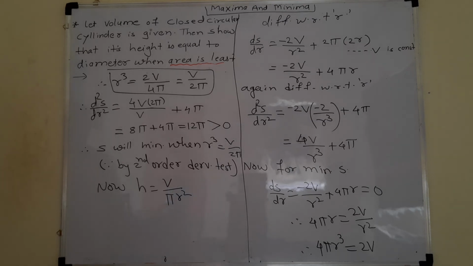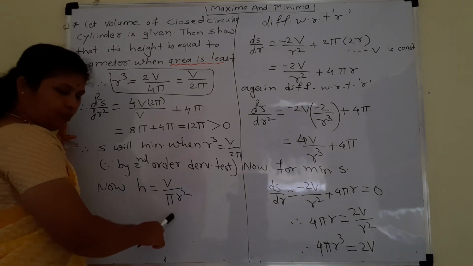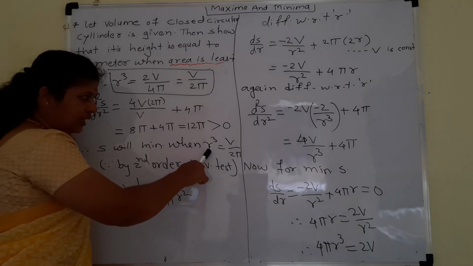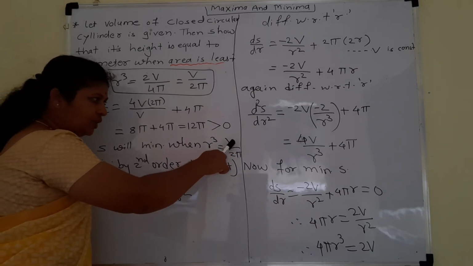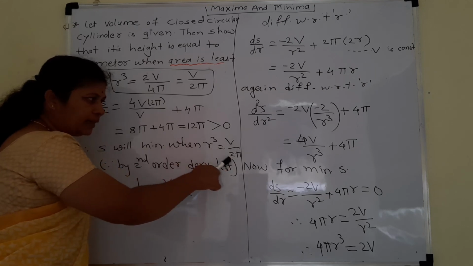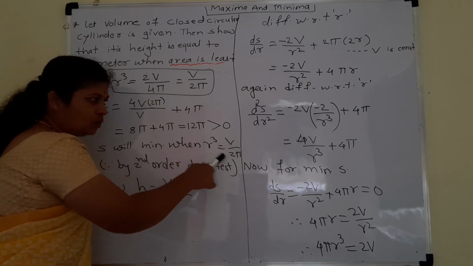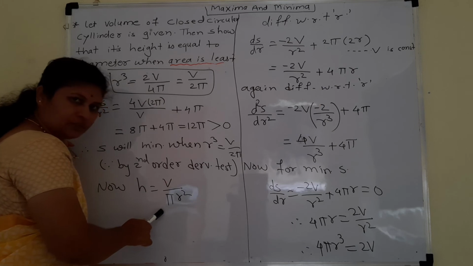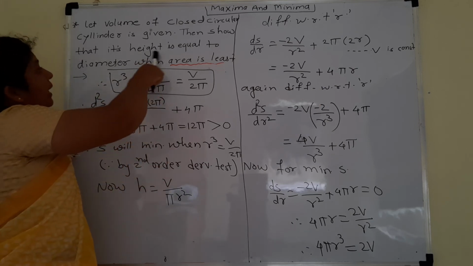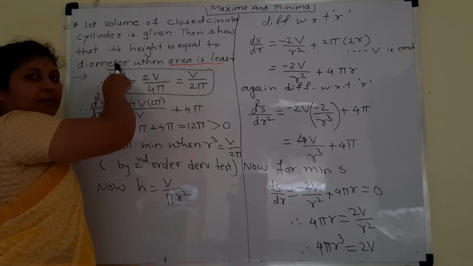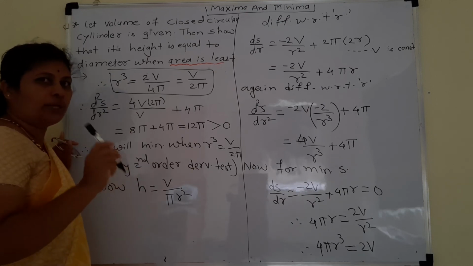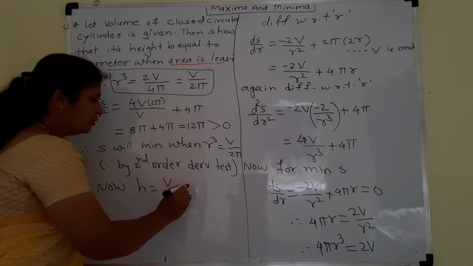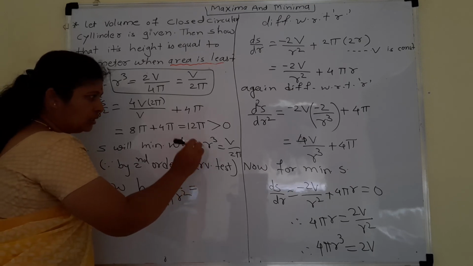Yes. Now h is equal to v upon pi r square. Look at this. R cube is equal to v upon 2 pi. I will put v is equal to 2 pi r cube in this relation because I want h in terms of r. Diameter means what? 2 times r. So what will you get here?